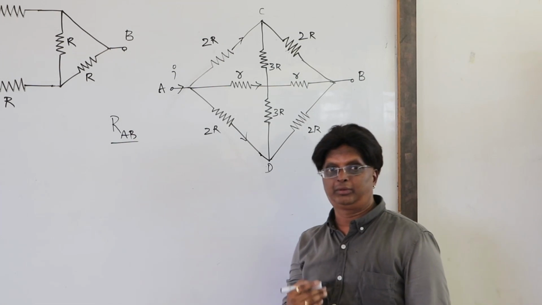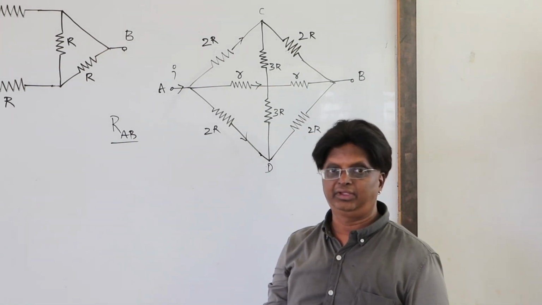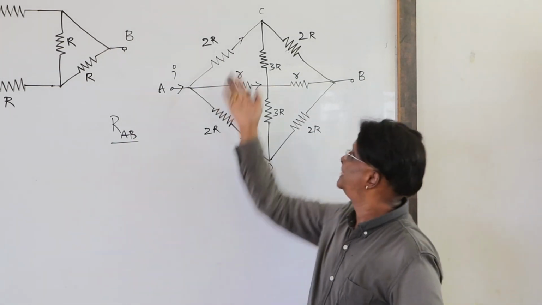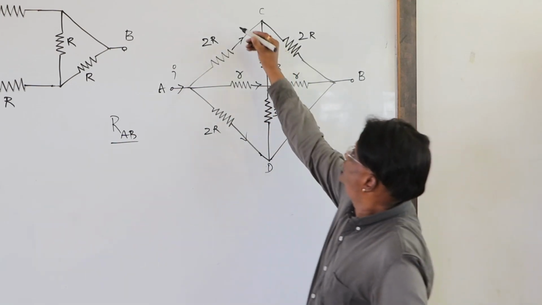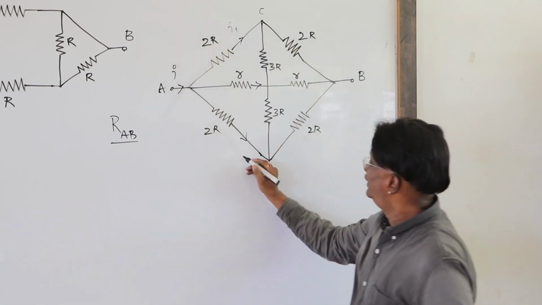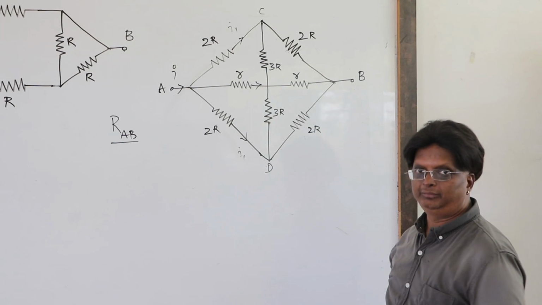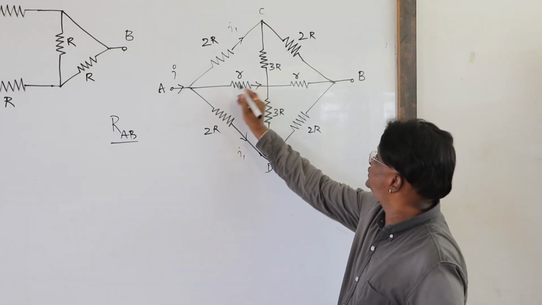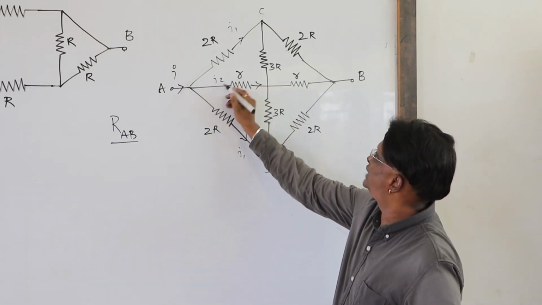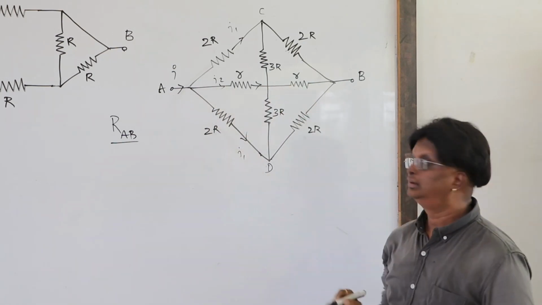We know whenever current splits, it's always in the inverse ratio of resistance, same resistance, same current. Therefore, if this is I1, this is also I1. And this current will be I2 in this branch, like that.